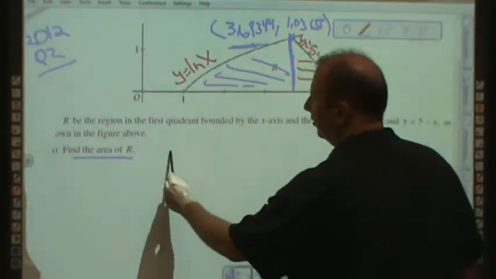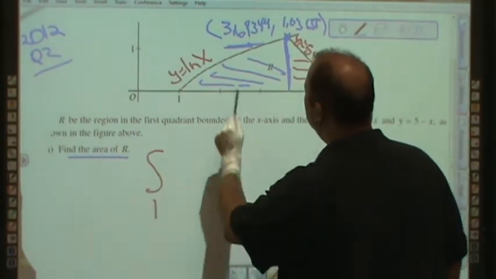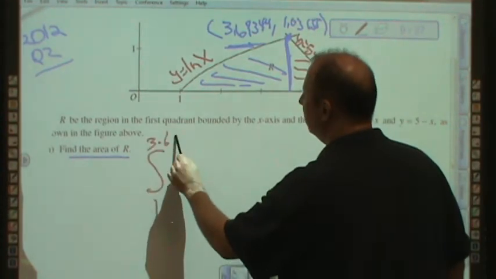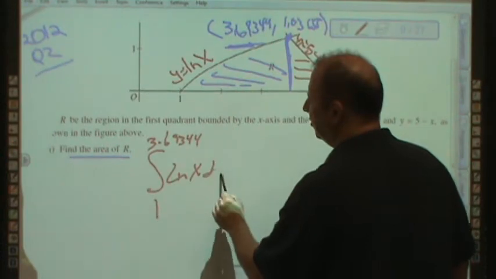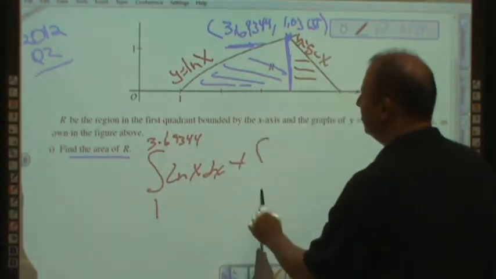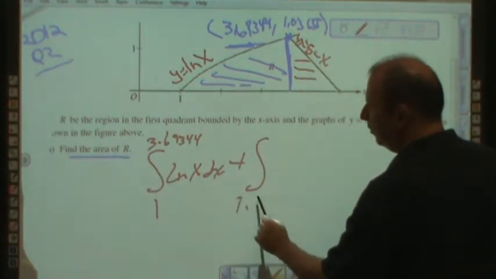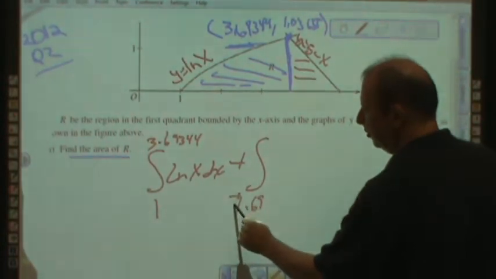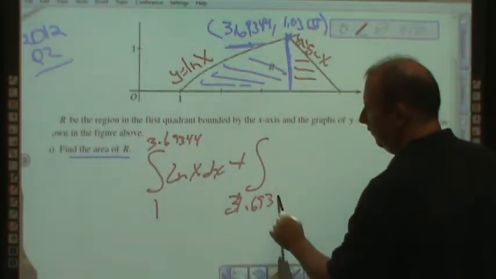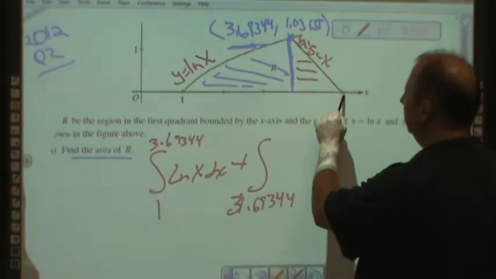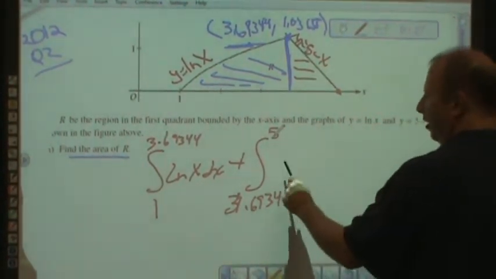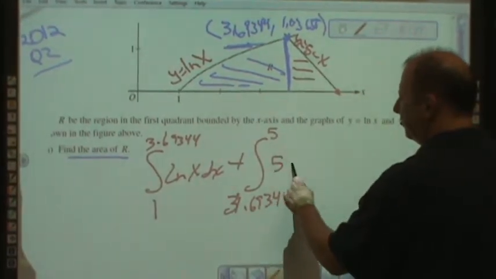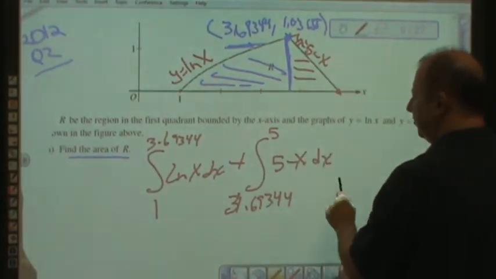So now let's integrate. From 1 to 3.69344 of log of x dx, plus from 3.69344, well, that point is 5, of 5 minus x dx.